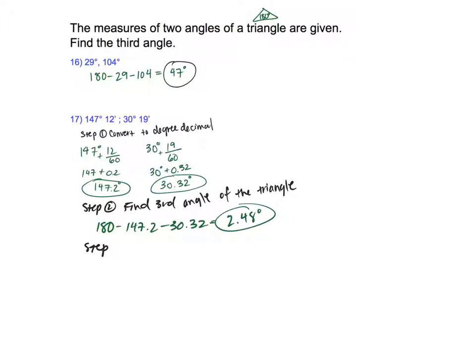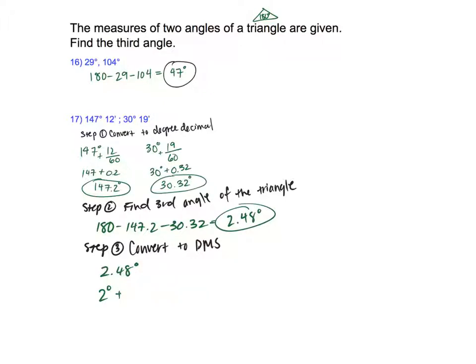But here's the thing, it's in degree form and we needed it in the DMS format. So we have to convert this back to DMS. Step 3: convert to DMS. If you have a degree like 2.48, you take that whole number, bring it down, so that's your degree.